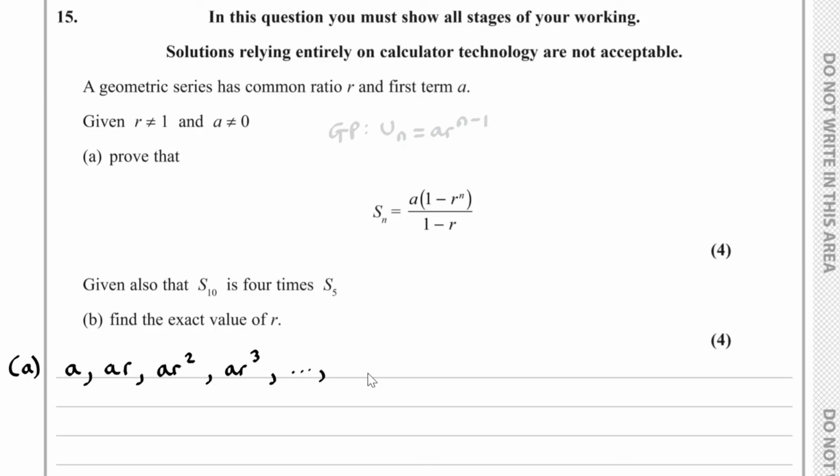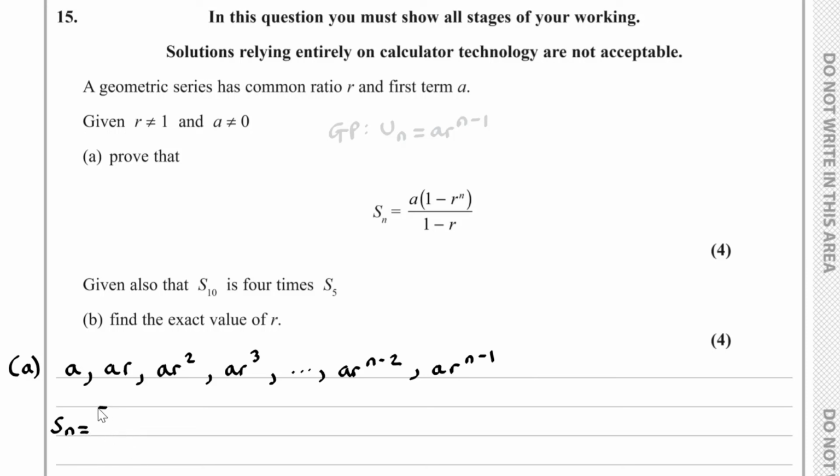Let's start off with the last term. The last term, when we have un, is ar to the power of n minus 1, and the term before this is ar to the power of n minus 2. Now, for a sum, we simply add all these terms together. So, if we add those terms together, we have our first term a.